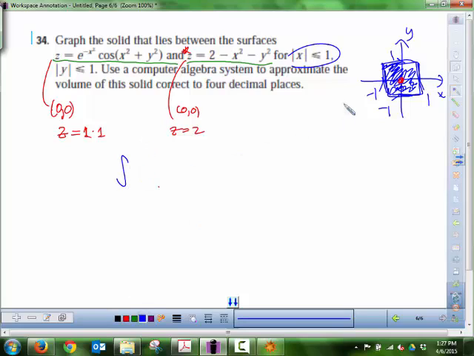It doesn't matter which variable we integrate with respect to first; let's just say x. My first function is the larger function, 2 minus x squared minus y squared. And then the second function is my lesser function, e to the minus x squared cosine of x squared plus y squared.